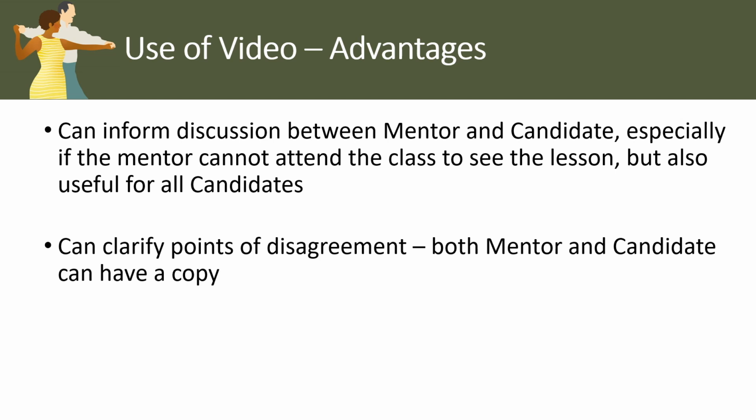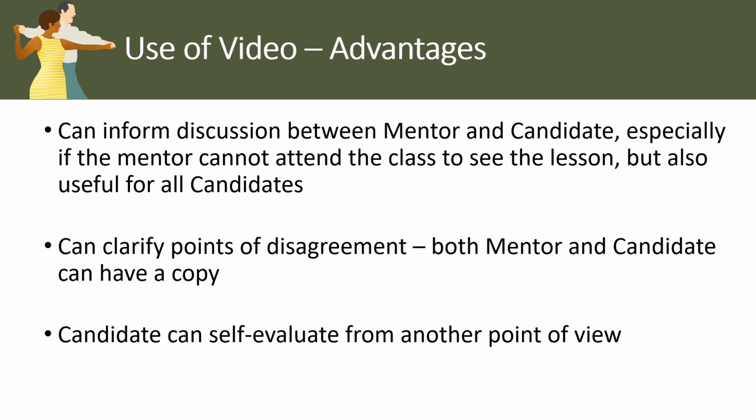Candidates may not be aware of any quirks or habits they may have, or, for example, may not have a good awareness of their positioning within the room when teaching, or their voice level. And if both candidate and mentor can see a recording of the lesson, the points can be made quickly and clearly.